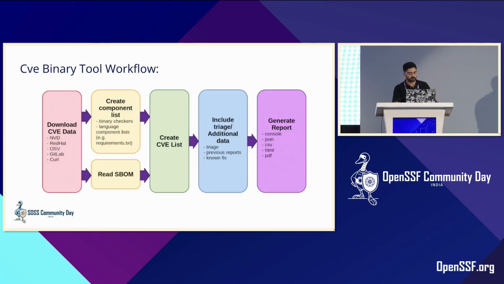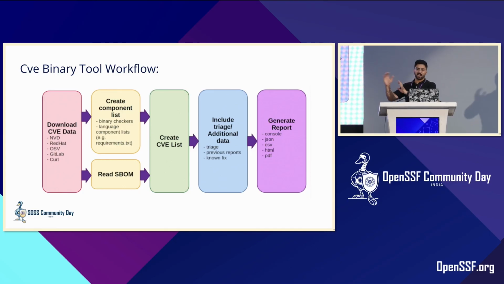So looking at CVE tool's workflow, we get our data from multiple data sources. Some of them are NVD, Red Hat, OSV, GitLab, and curl. As I told, we have binary checkers. In addition to that, we also have language parsers, which will take a language dependency file, parse it and extract relevant information.